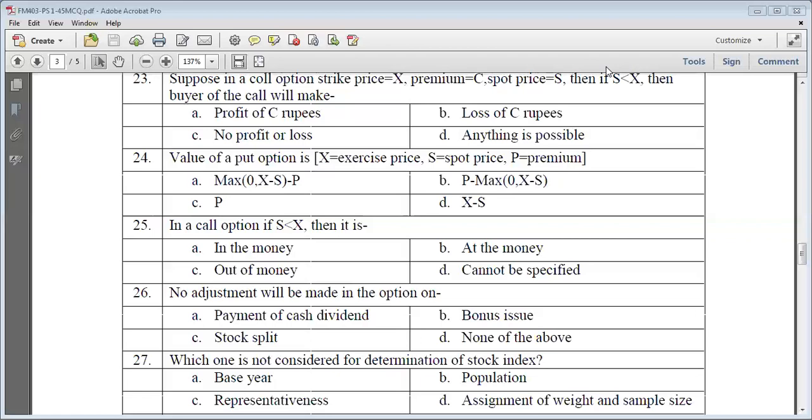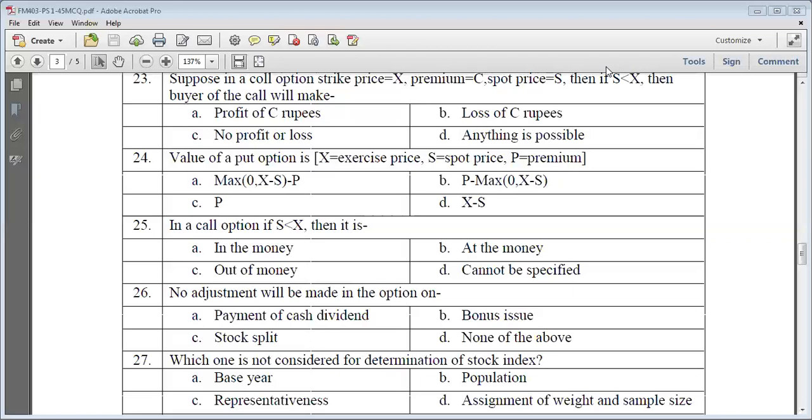So call option will be in the money if S is greater than X. Here it is just opposite, which means the call option at this moment is loss making. So the correct answer will be option C, out of the money.